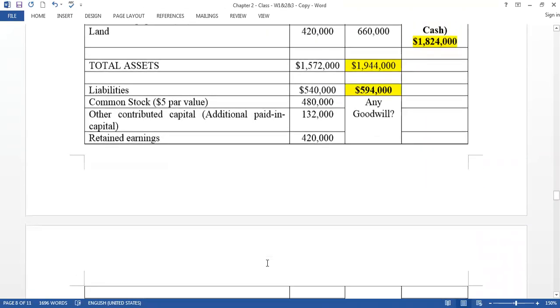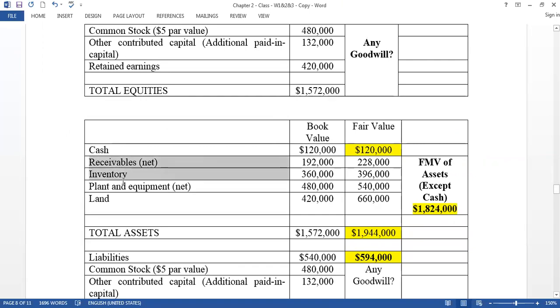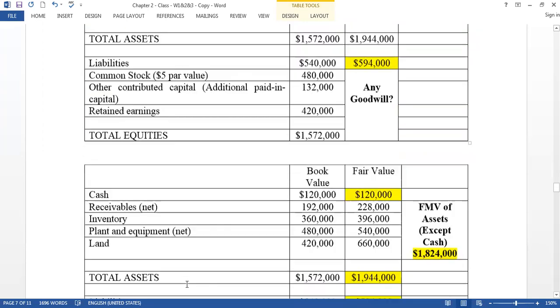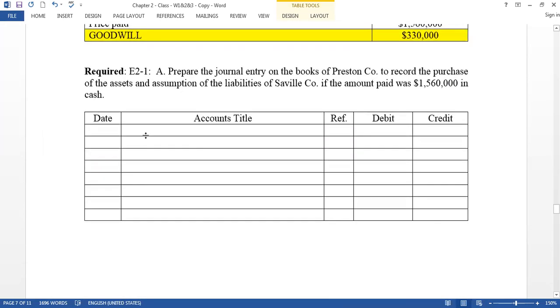So how to record the journal entry? We buy their asset except cash, and we find that we have a goodwill.